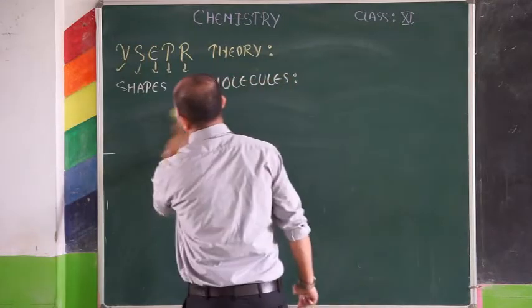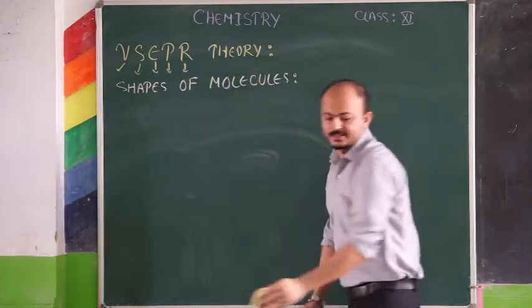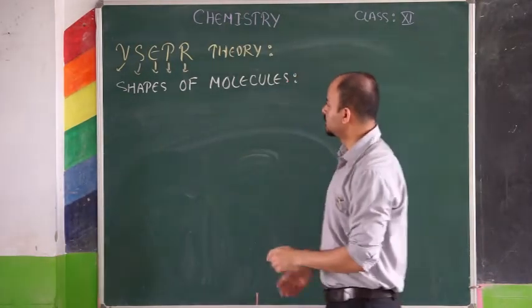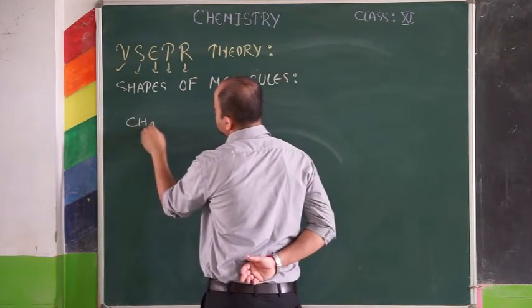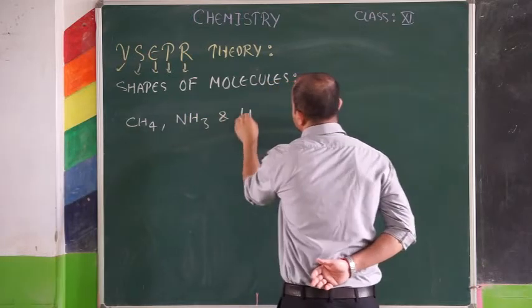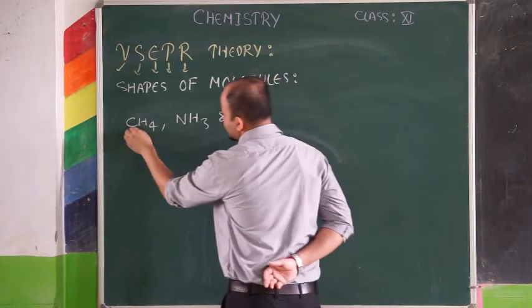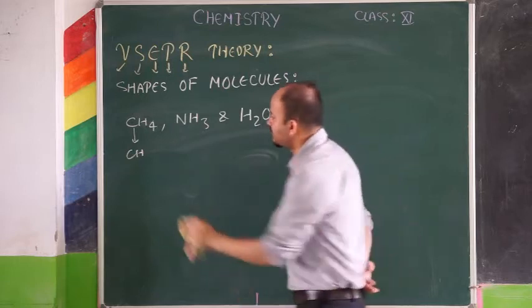So let's take an example. Suppose you have a methane molecule, ammonia, and a water molecule. If you do their hybridization, you will see that methane has sp3 hybridization.